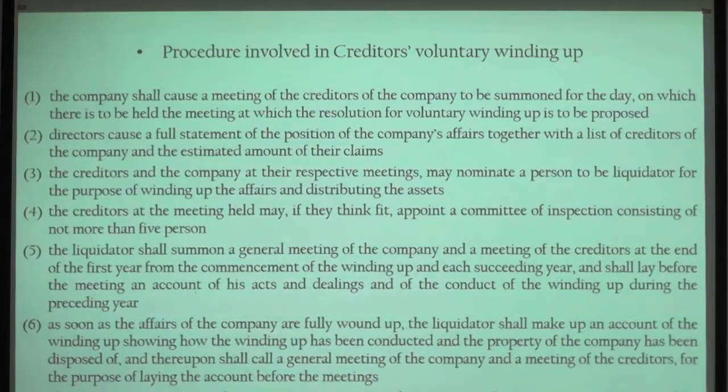Thereupon, the registrar, on receiving the account in respect of each meeting, shall forthwith register them, and on the expiration of 3 months from the date of registration thereof, the company shall be deemed to be dissolved.